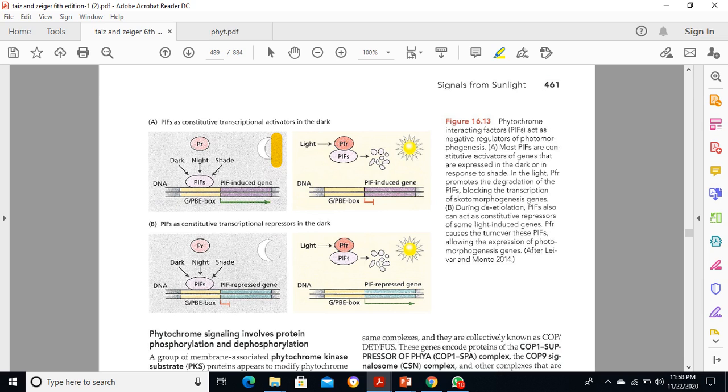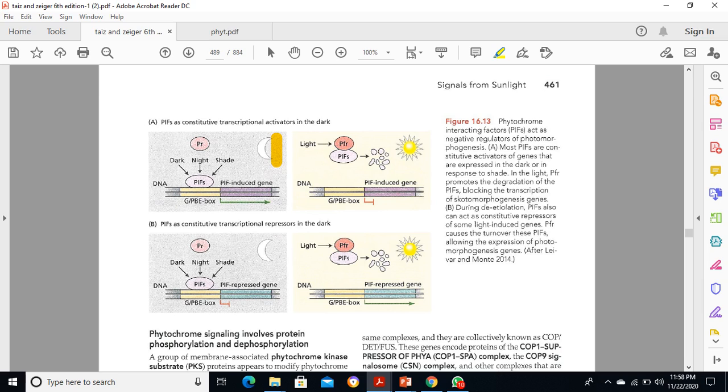So phytochrome in PR form is inactive, so PIF is free. PIF is free, so it will interact with the scotomorphogenic genes and transcribe these genes, and it will result in the scotomorphogenic response.